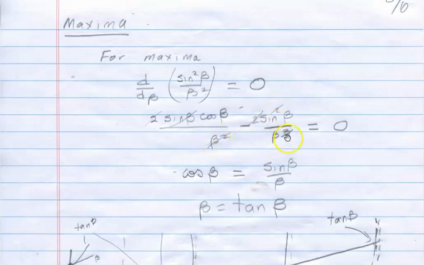And then a beta squared here will cancel 2 of these powers, so I'm still left with a beta over here. And so on this side I get cosine beta, and over here I get the sine over beta, which I take over to the other side. And so if I divide by cosine and multiply by beta, whenever beta is equal to the tangent of beta, then we will satisfy this condition and be at a relative maximum.